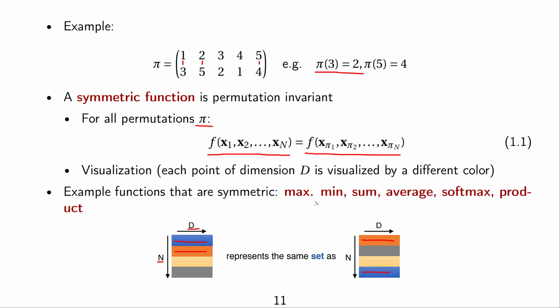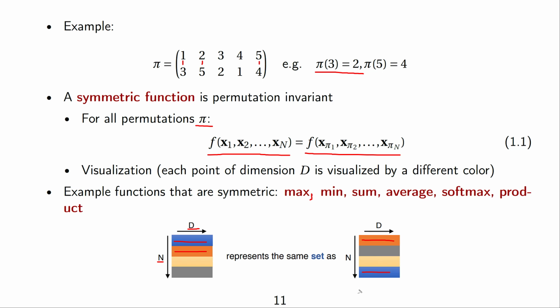Examples of symmetric functions are the max, min, sum, average, softmax, product. Of course, there's a design choice in which direction you take the max. So what these functions have to do is they have to be computed per dimension.